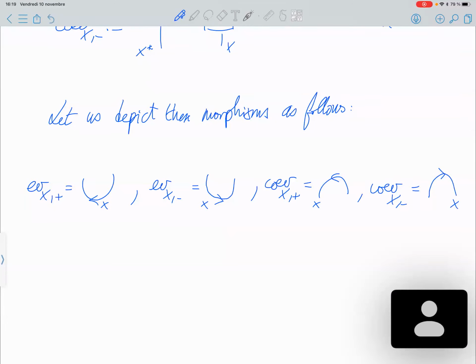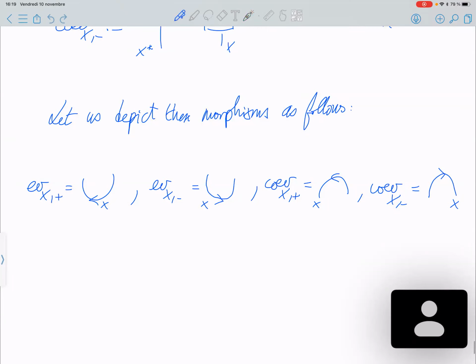The position of the X corresponds to the object X. The plus versions are in fact exactly what we drew before, but for the minus version, to distinguish the two, we use this opposite arrow.